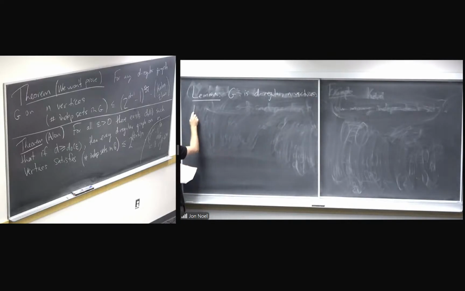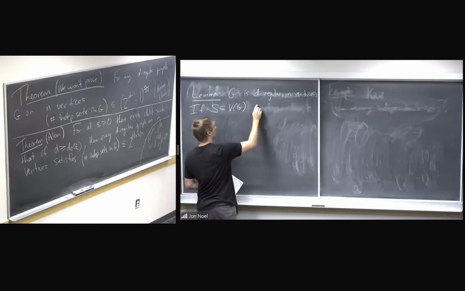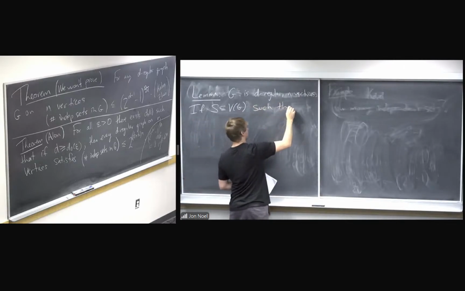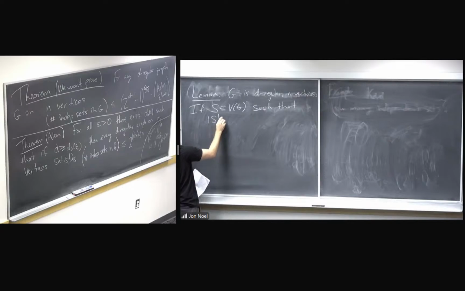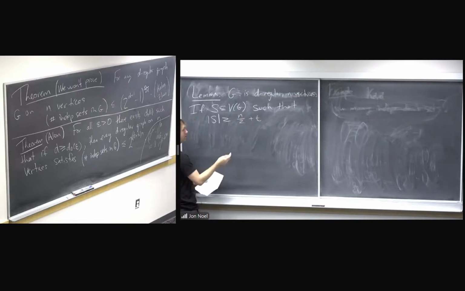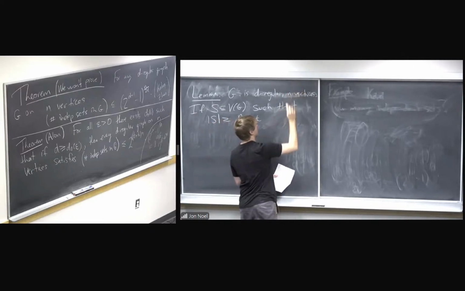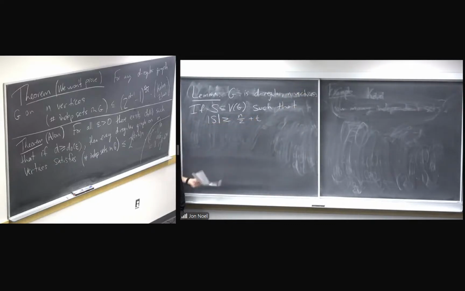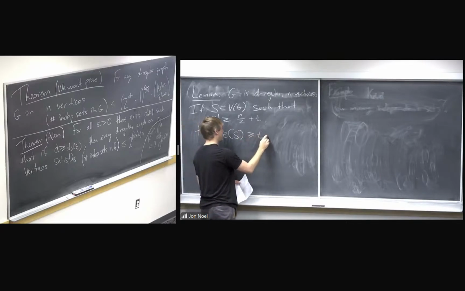The statement we're going to want is: if S is a subset of the vertices such that the size of S is at least n over 2 plus t, where t is some non-negative number, but even if it's negative, it'll be fine, it'll just be trivial, then the number of edges within S, which I'll write E of S, is at least t times d.